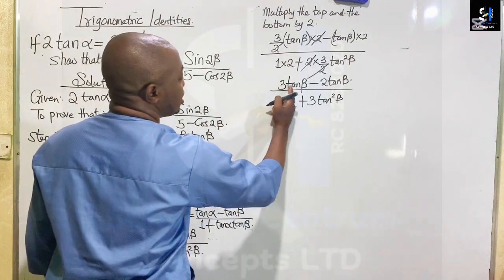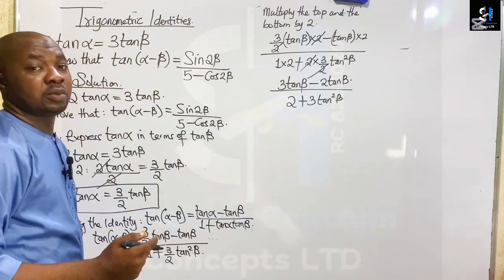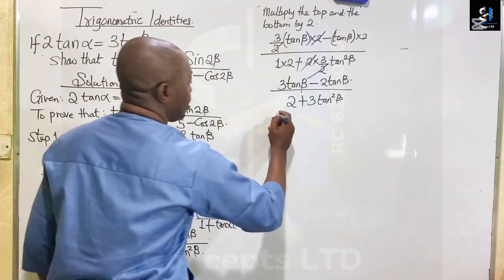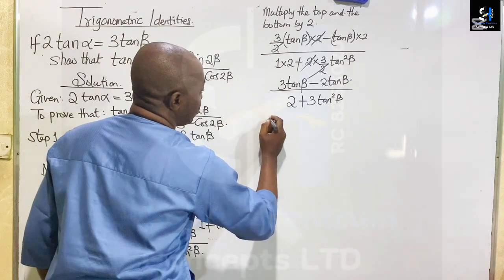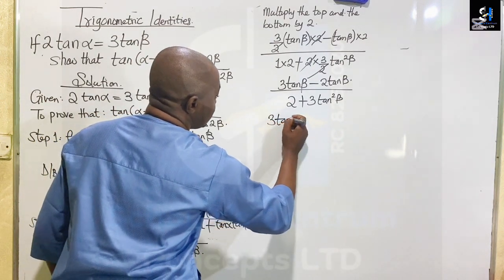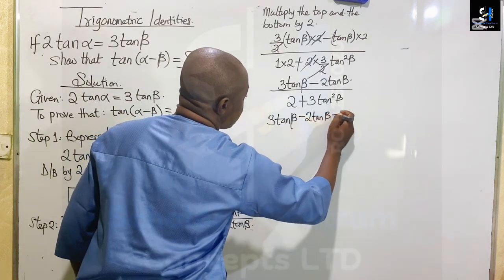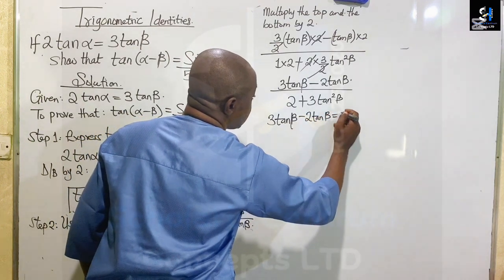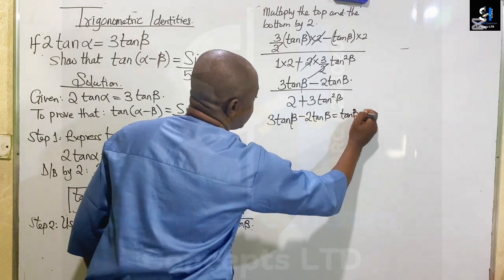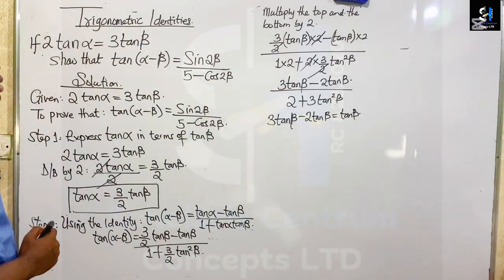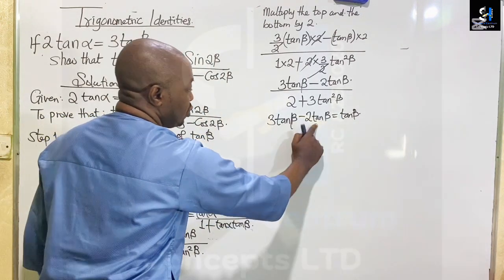Now 3 tan beta minus 2 tan beta is 1 tan beta, that is 3 minus 2, which is 1.